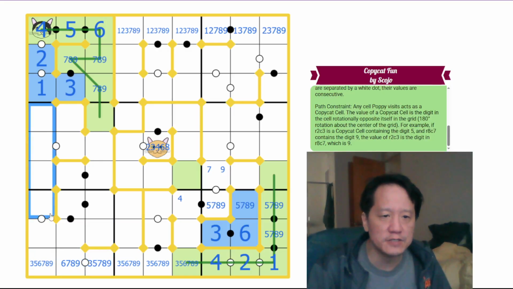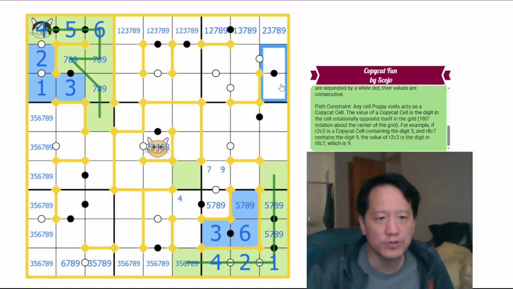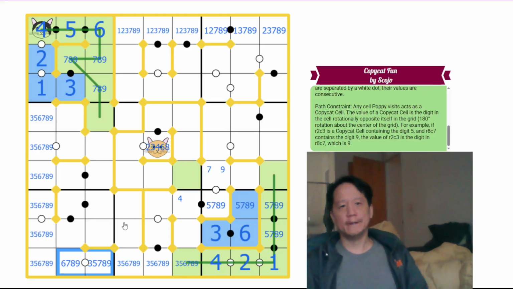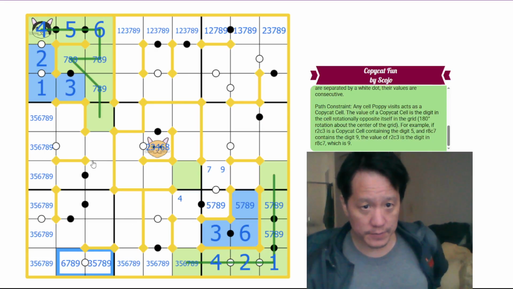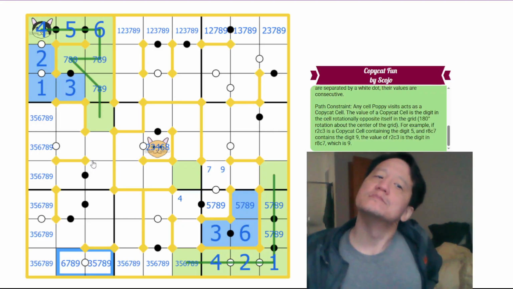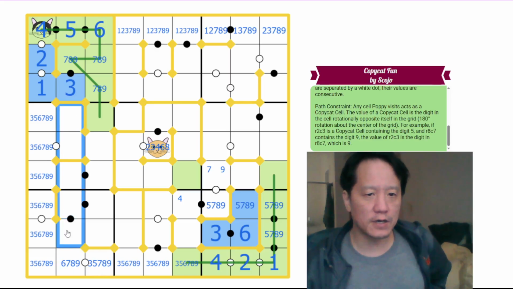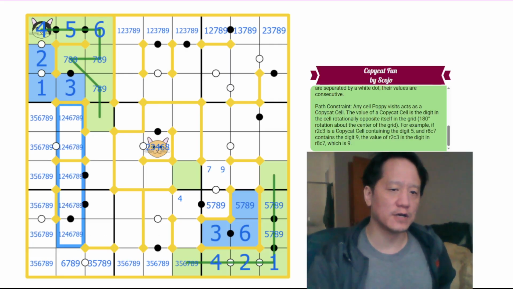Also, we have the remaining digits of column 1 are 3, 5, 6, 7, 8, 9. Okay. So then we have to match it with this potentially. Oh, that's interesting. Okay, remaining digits in column 2 are 1, 2, 4, 6, 7, 8, 9.